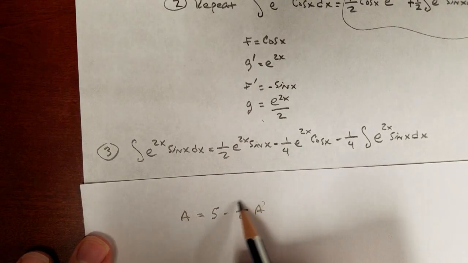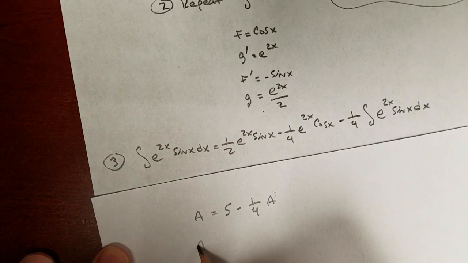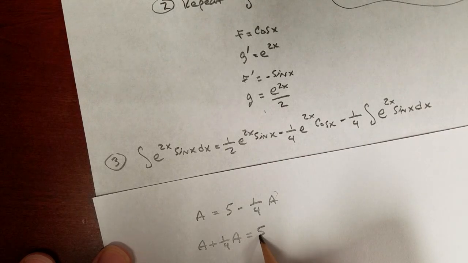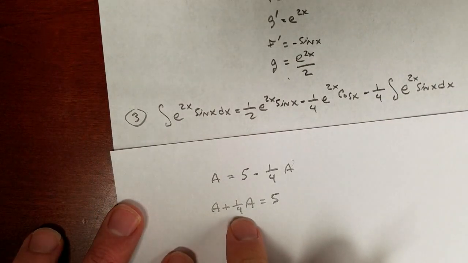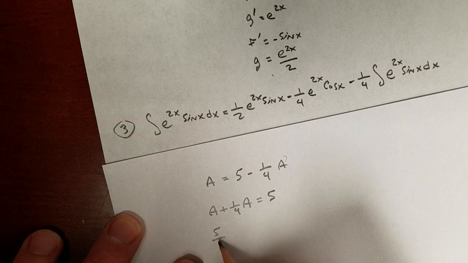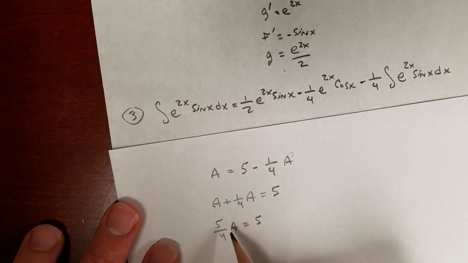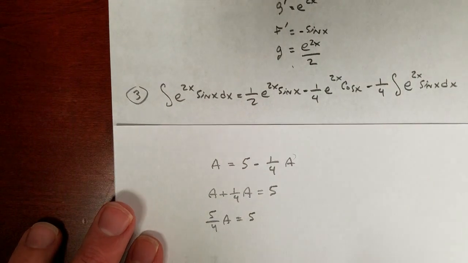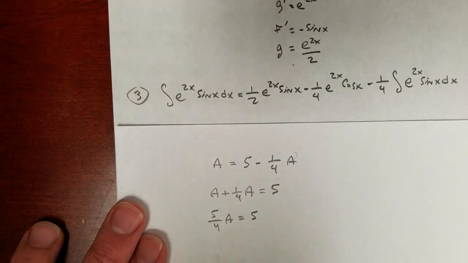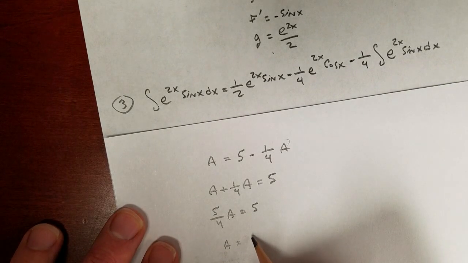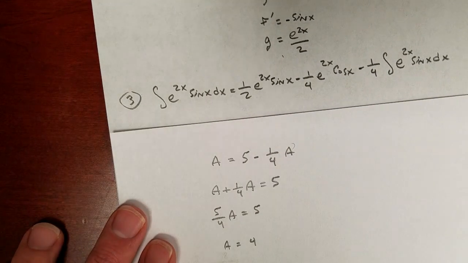Well, sure, you add 1/4 a to both sides. It's like a plus 1/4 a. And what's this? So 5/4 a. And then if you divide both sides by 5/4, multiply by 4/5, then we get just 4, right?